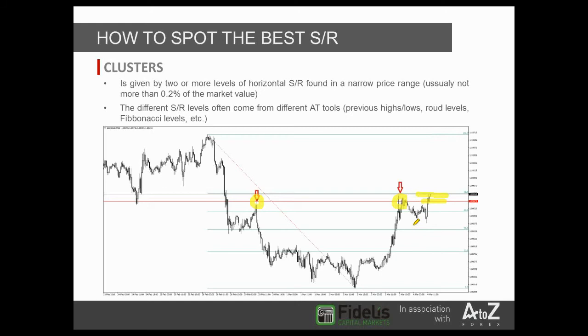And not large ones. If you find the support or resistance within 100 pips, that's too much. Try to find supports and resistances within maybe 20 pips. But be objective. Don't just draw two or three horizontal supports or resistances just to find clusters.